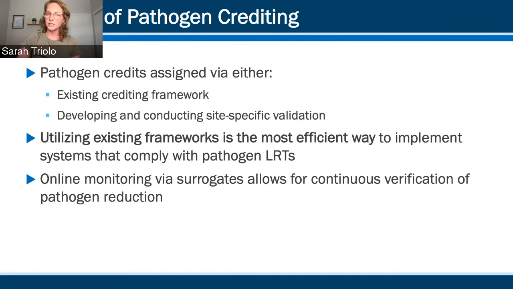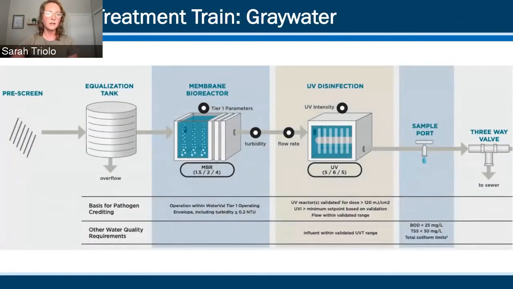So I am just going to show one example treatment train to tie these things together. And this is also a screenshot from our guidebook. Our guidebook has more example treatment trains. Again, I encourage you to check that out. We've revamped these treatment trains to try to include more detail and make them more useful. So this is an example treatment train for gray water.